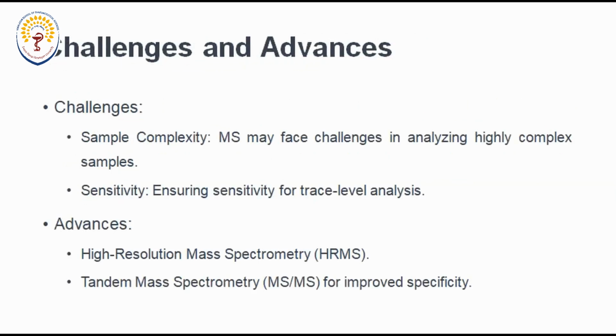Now, what are the challenges and advances for mass spectrometry? See, the challenge is sample complexity. If the sample is very complex, it will be difficult to obtain a clear mass spectrum. The compound has to be pure, because a lot of fragments are generated.